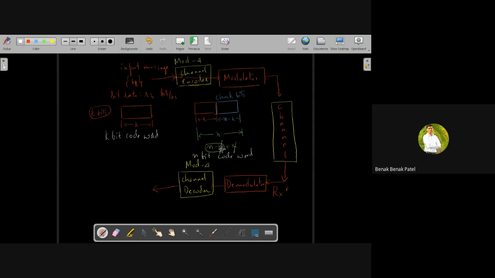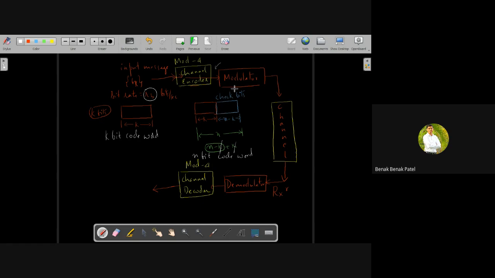Now obviously the bit rate has to change because the k bit code word was getting into this channel encoder at a bit rate of rb bits per second. Now the bit rate changes because we are adding additional check bits.